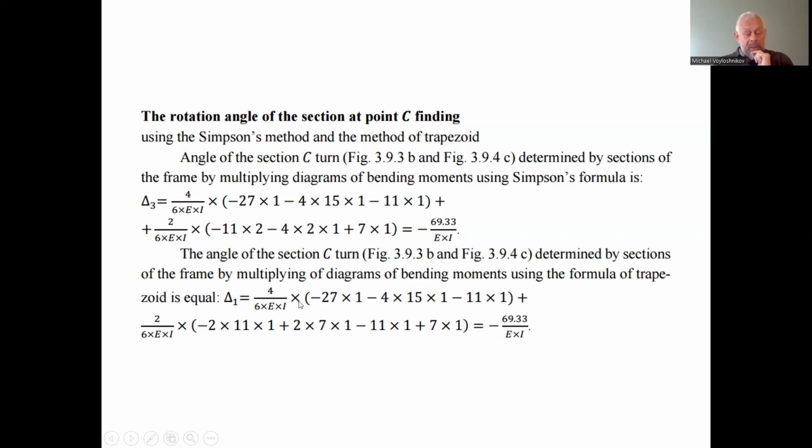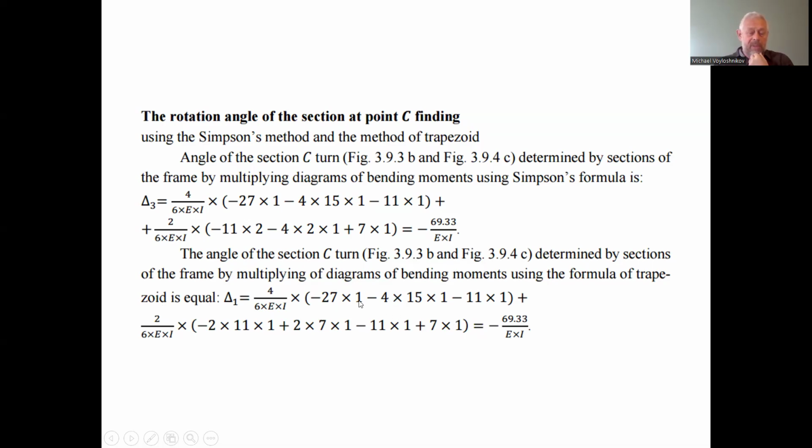We derive the common factor out of the brackets, and in the brackets the first summand will remain the same as when using the Simpson rule. Why? This is generally the rule for finding the angular displacement by the trapezoid rule. But for the first element of the mechanical system from A to B, we have a nonlinear parabolic shape of the bending moment diagram.